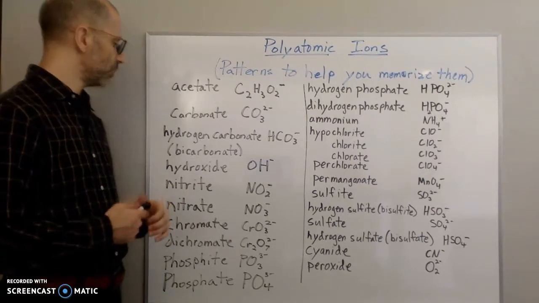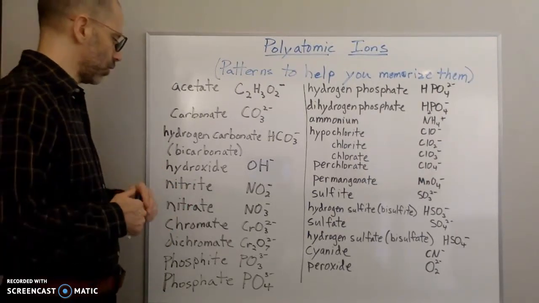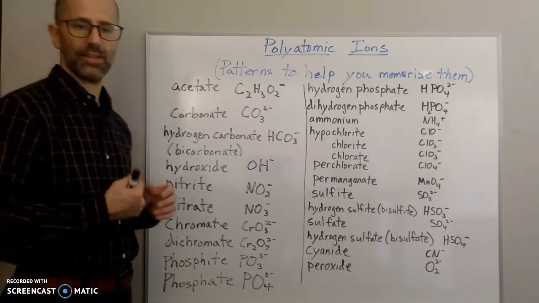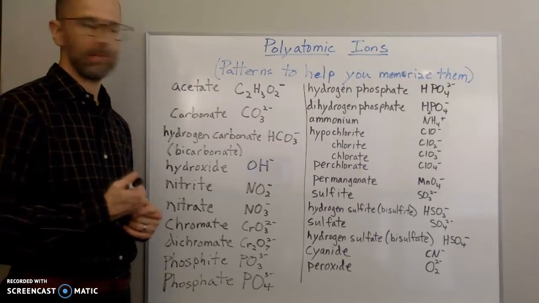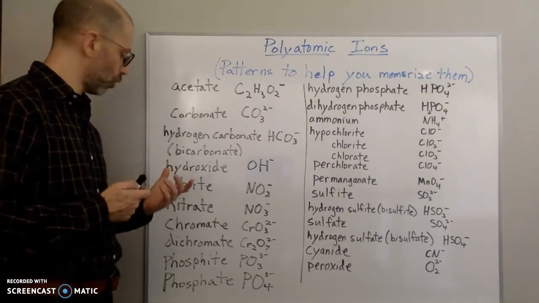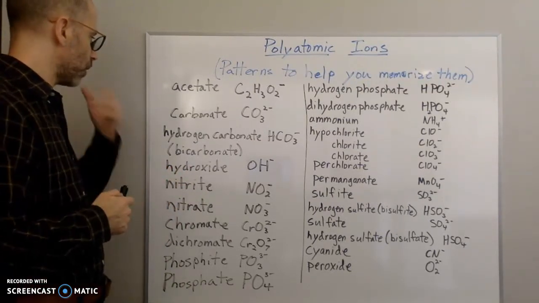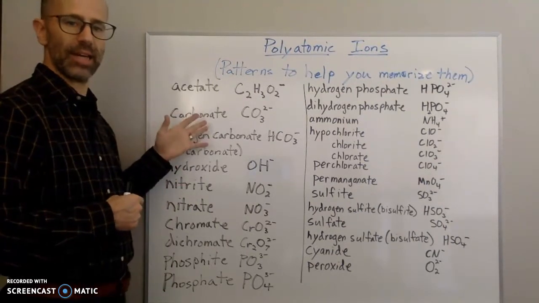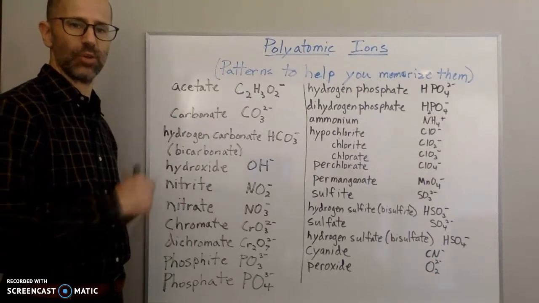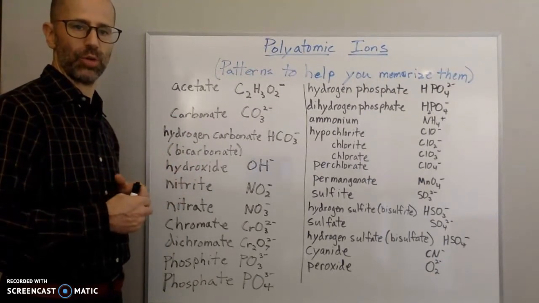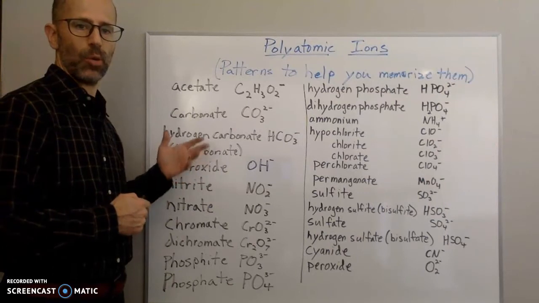Okay. One of the things I want to point out is you'll notice that some end in ITE and some end in ATE, and they have similar formulas as well. But some of them are standalone names, right? They're not related to anything, so there's no pattern, if you will, associated with those.